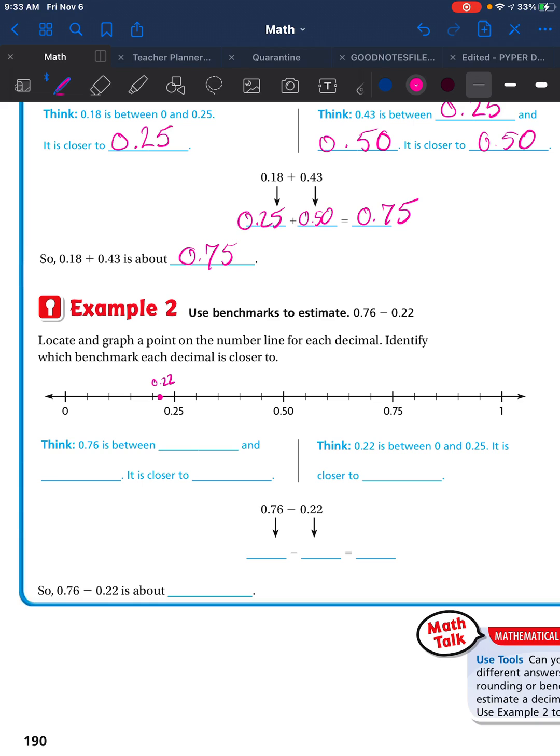And our other number was 0.76, so obviously that would be just past 0.75. So 0.75 is definitely between 1 and 0.75.